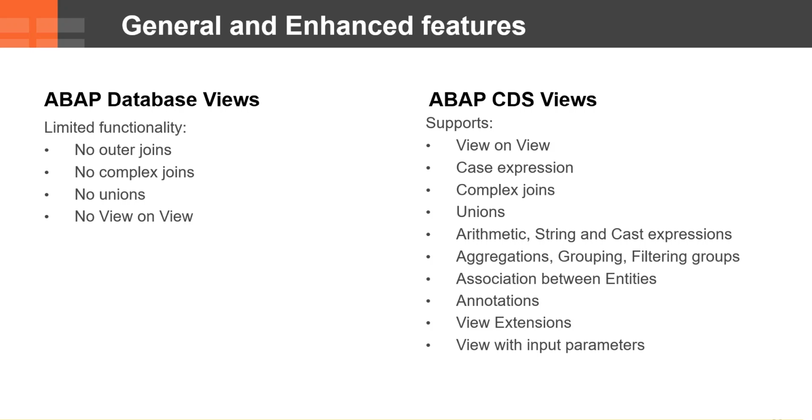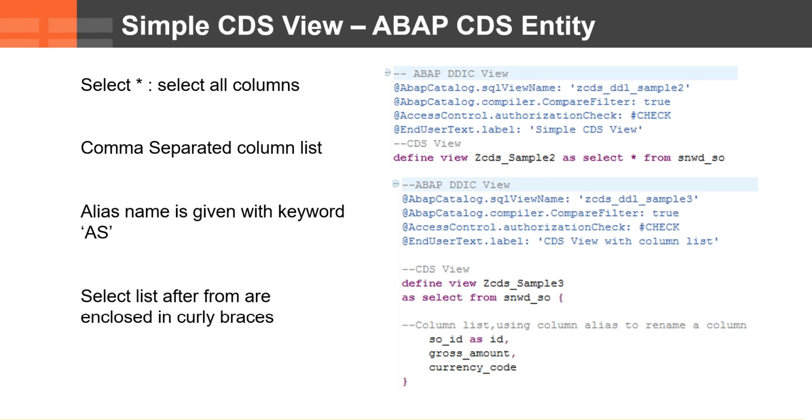So these are the enhanced features in CDS views. Your normal SE11 has general features, but you cannot write application logic or calculation logic in your SE11 database view, but in an ABAP CDS view you can write your calculation logic, and more features are supported in ABAP CDS views.